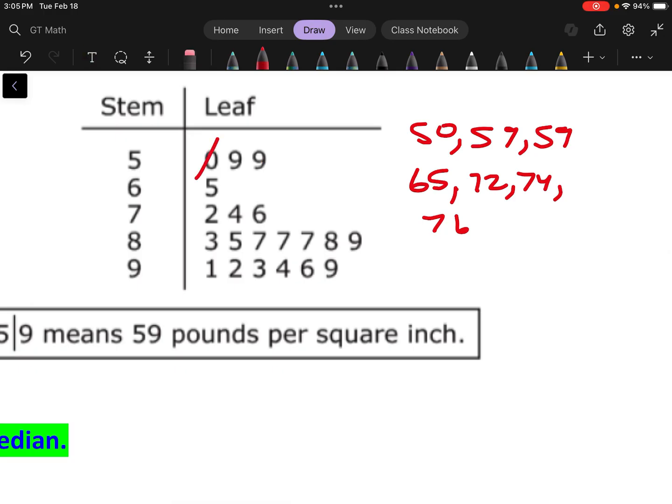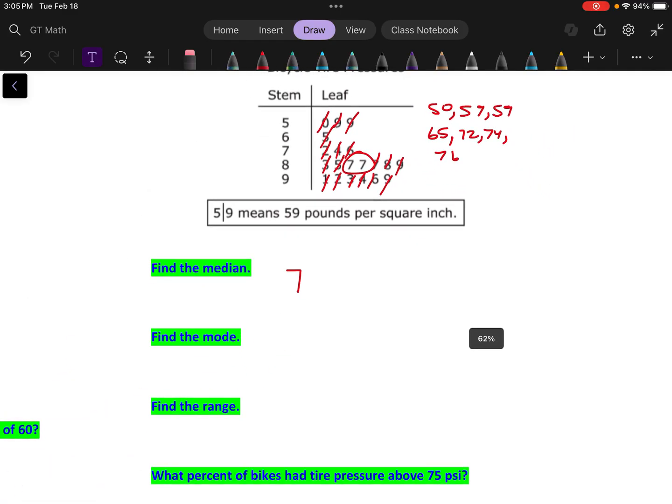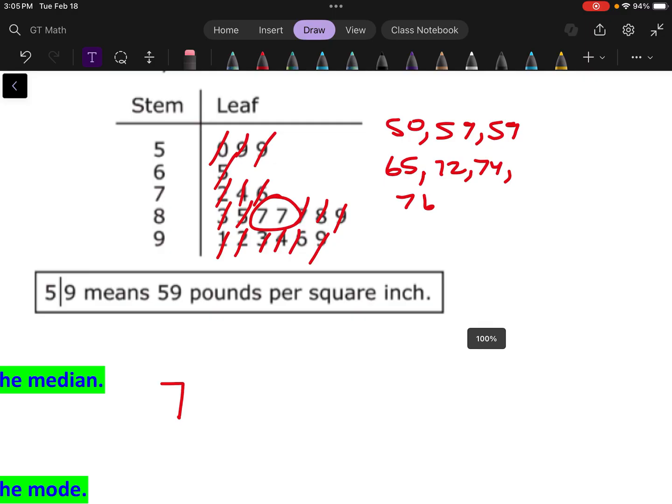That's 50. That's 99. And I can do first, last, first, last, and so on, working toward the middle, and we have 2 or just 7. Find the mode. Well, which one occurs the most?